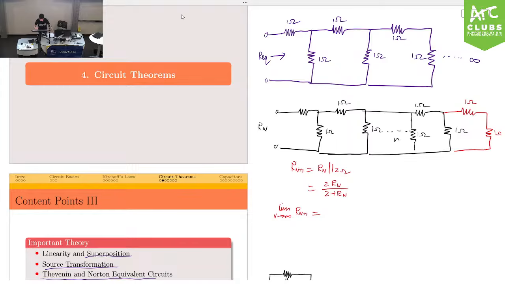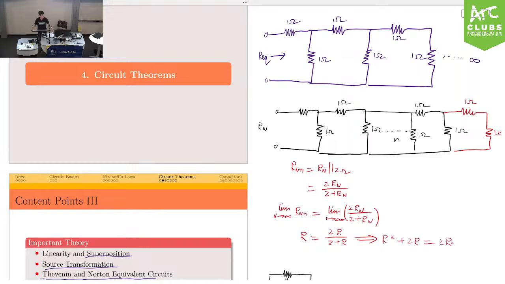Let me write the limit here: limit as n towards infinity of 2Rn on 2 plus Rn. Do you see how the limit of Rn plus 1 is going to be equal to the limit of Rn? So let's just call it limit R. Then this is actually a quadratic equation: R squared plus 2R equals 2R.